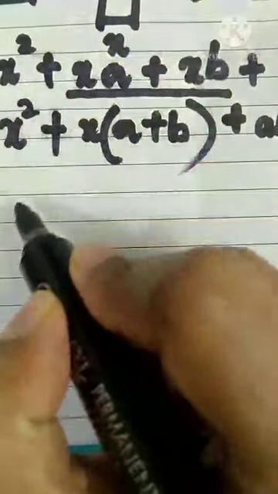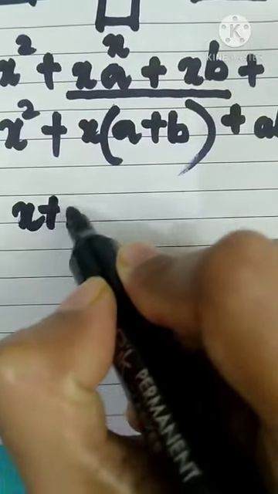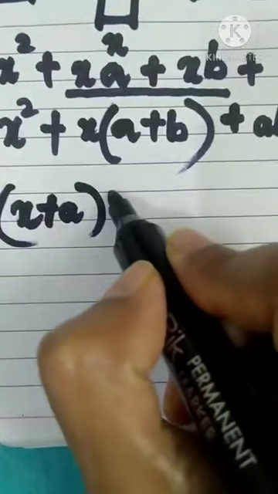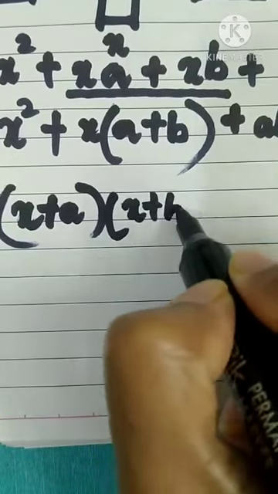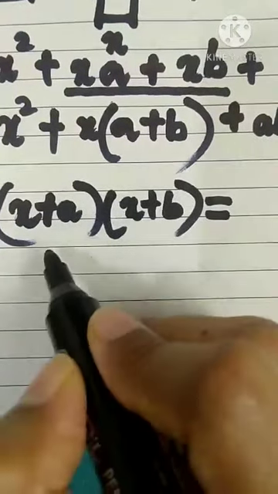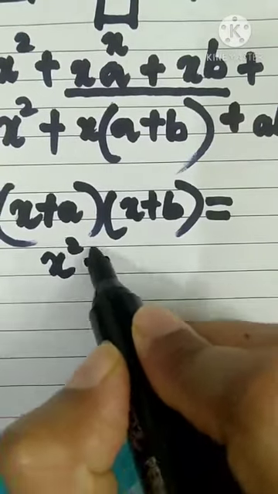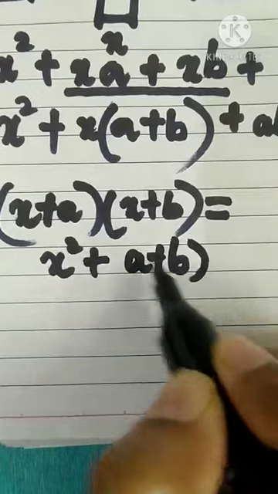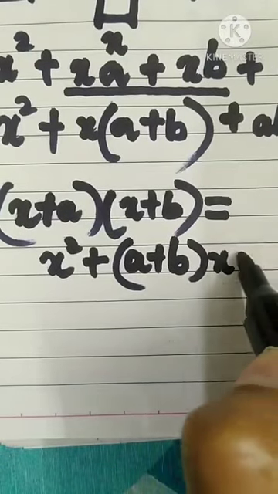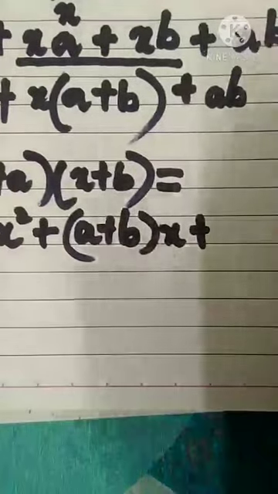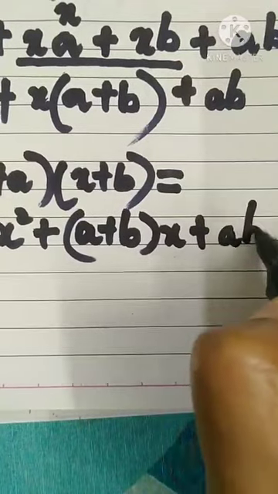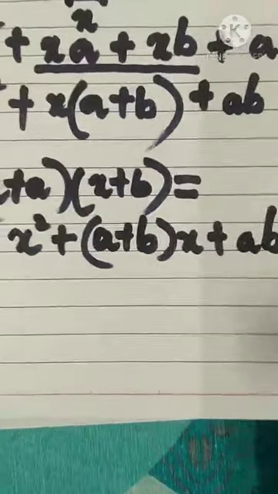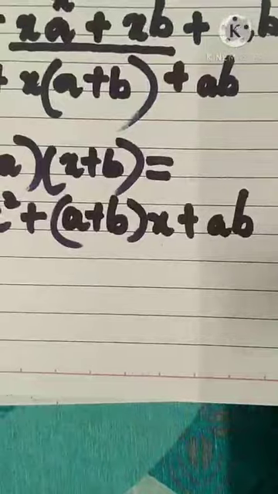So this way you can remember the formula, but in the sums we will take it directly. So what is the formula? X plus A multiplied by x plus B is equal to x square plus A plus BX plus AB. X square plus A plus BX plus AB.